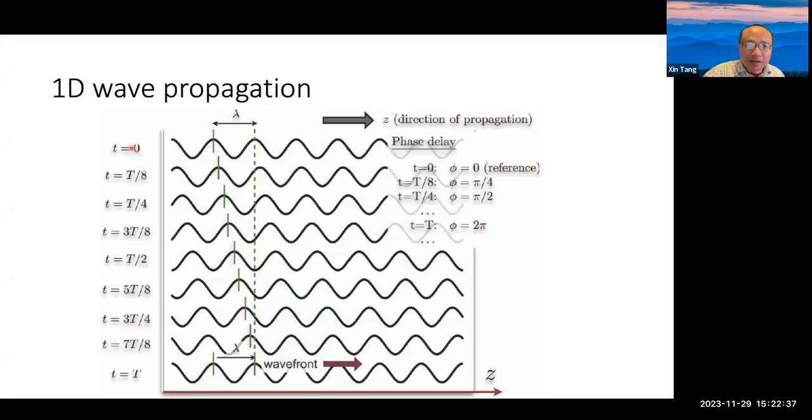Now, at t equal to 0, this wave looks like this. Okay, and then if you go to an eighth of the period, t divided by 8, then this wave moves rightwards, right? Moves this distance.